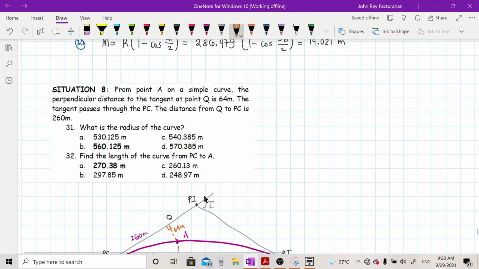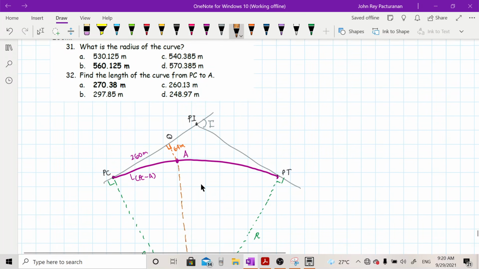Okay? So, by the way, before I proceed to the computation proper, may tawag tayo, class, sa perpendicular distance. So, ang tawag natin doon is offset distance. So, tandaan nyo yan, kasi common tong lumalabas sa surveying.